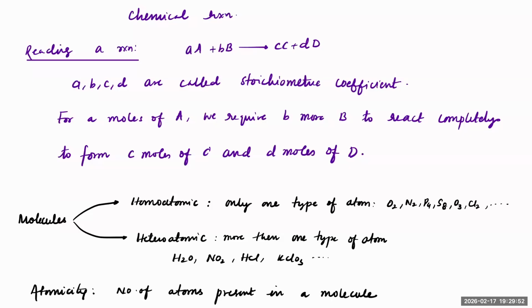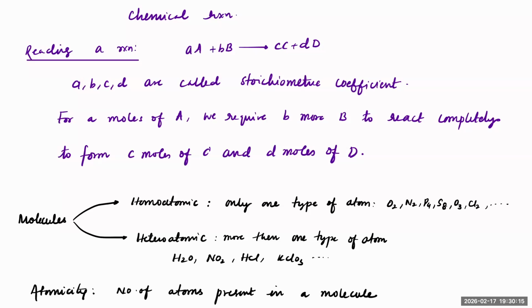So the stoichiometric values can only be read in terms of moles, not in terms of mass. I can't say the same thing as A grams of A reacts with B grams of B. That is incorrect. Clear? So these ratio proportions are only for moles.